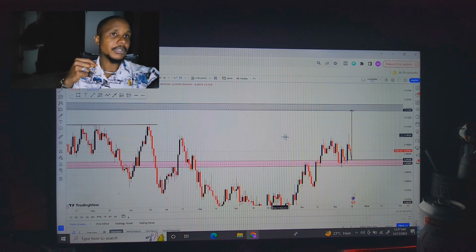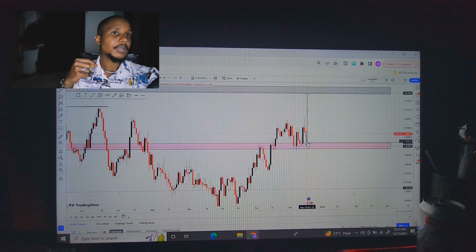So we're looking at price to literally come back to test this region here, which is at 0.89200. And then we also have more retest at 0.89000. So we have that retest there.